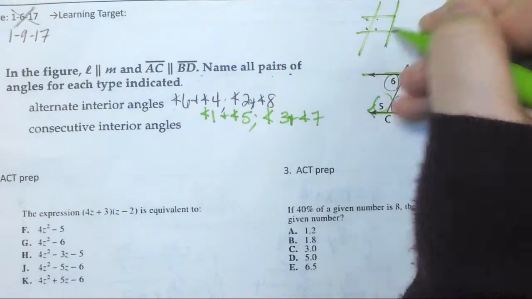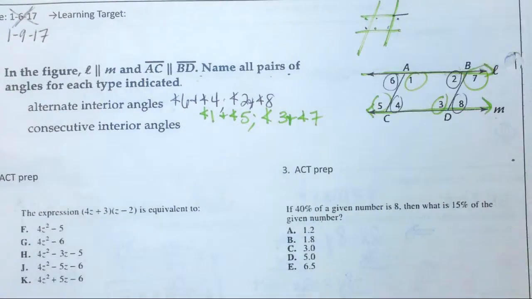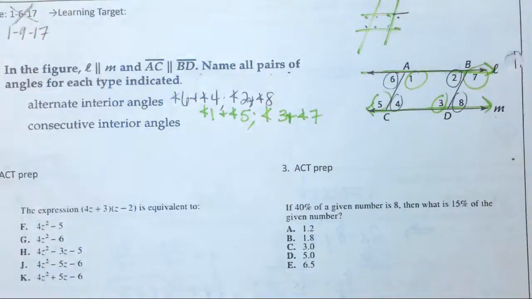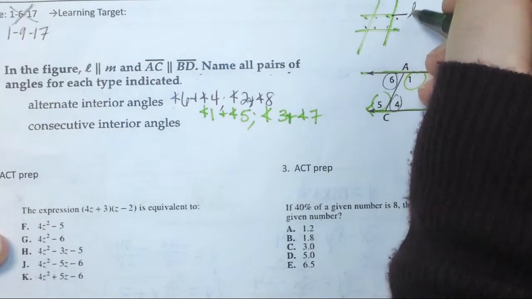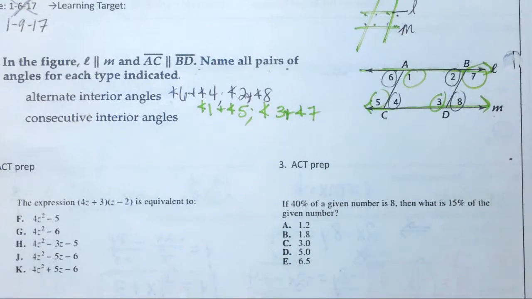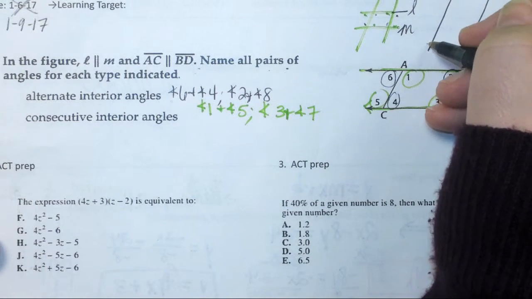That would also make this a transversal, so these two are alternate interior and these two are alternate interior. But the problem tells you not only are line L and M parallel, but lines AC and BD are also parallel.